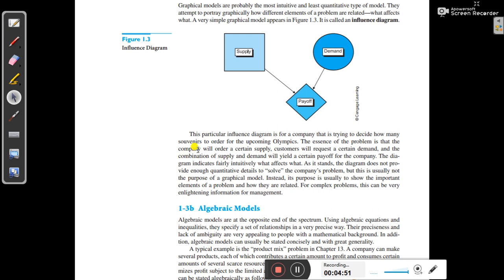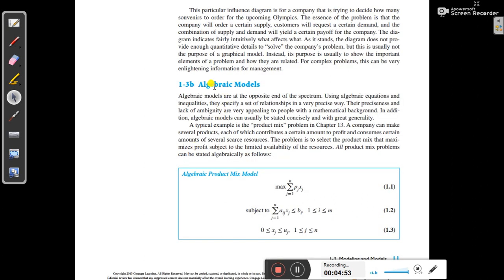Now a few things about algebraic models. Here you can see there is an equation.